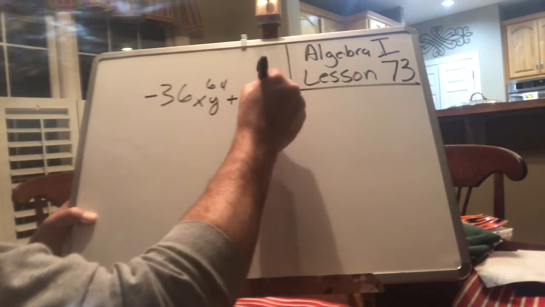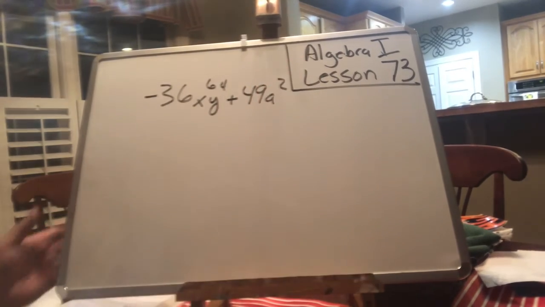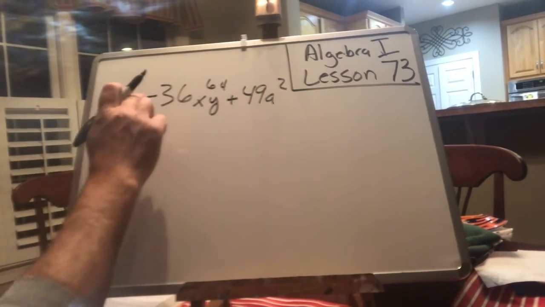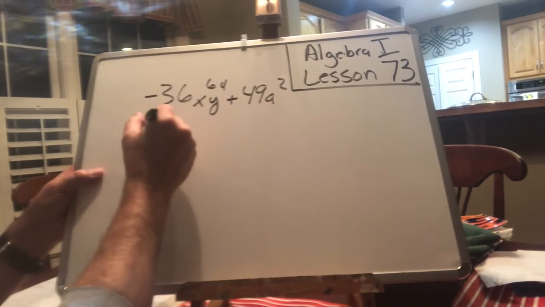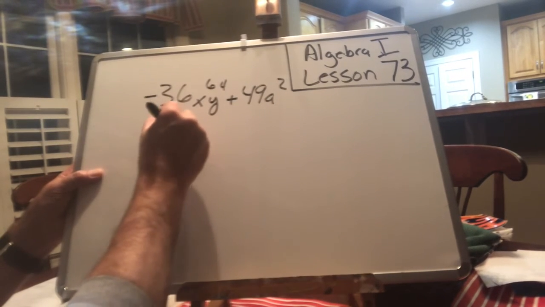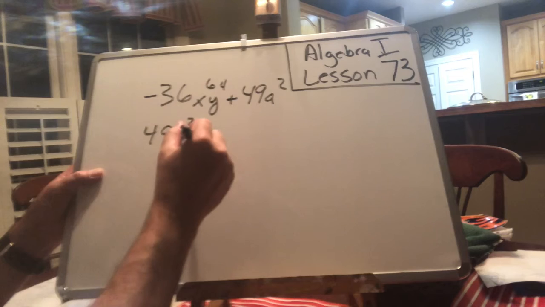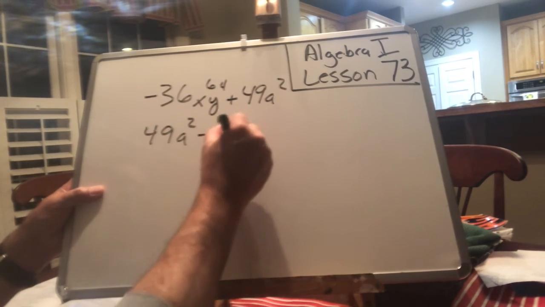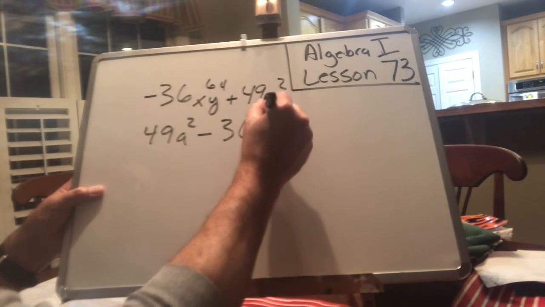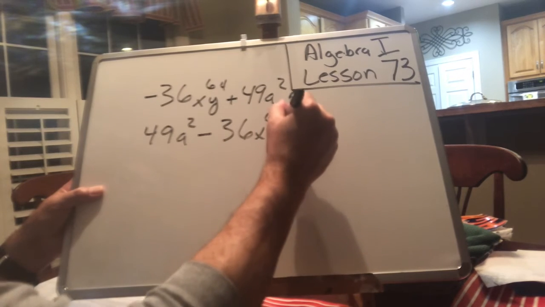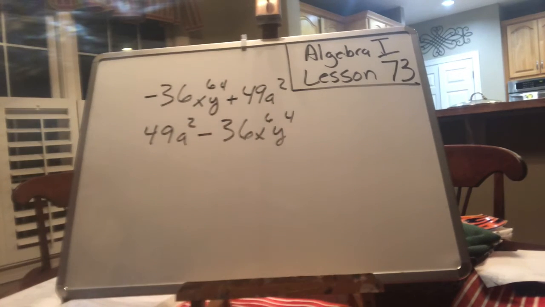This is another one where I need to rewrite this. I'm going to rewrite it as 49a squared minus 36x to the 6, y to the 4.